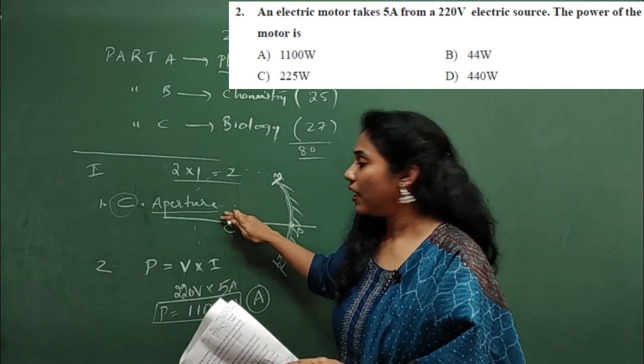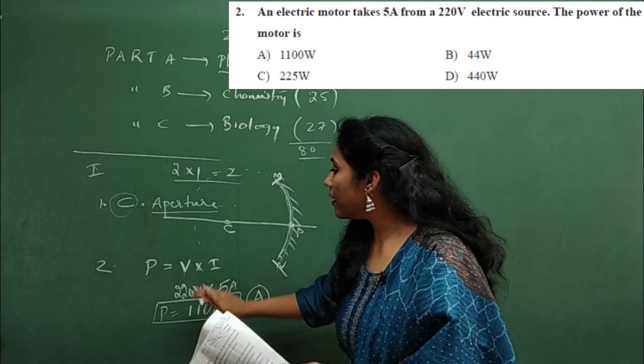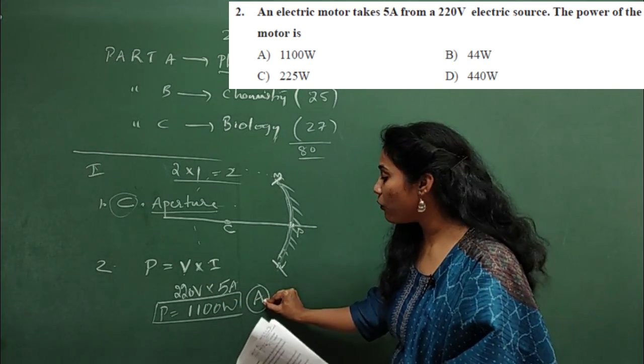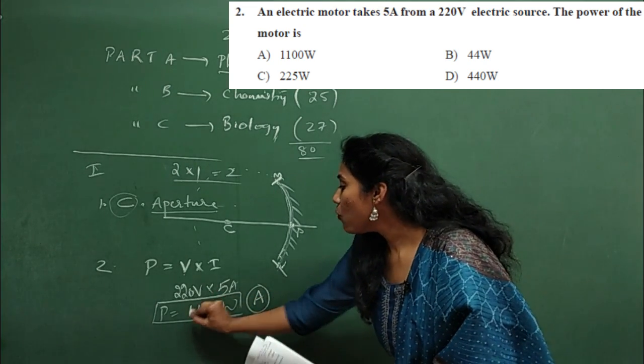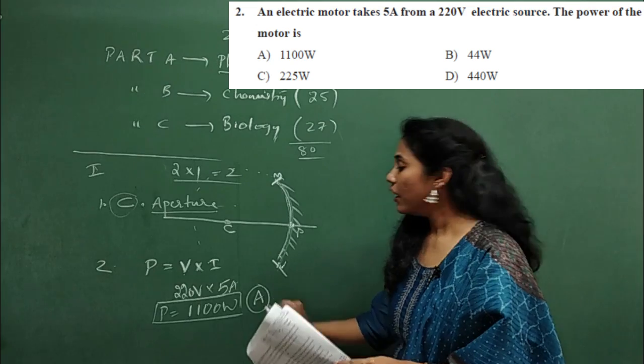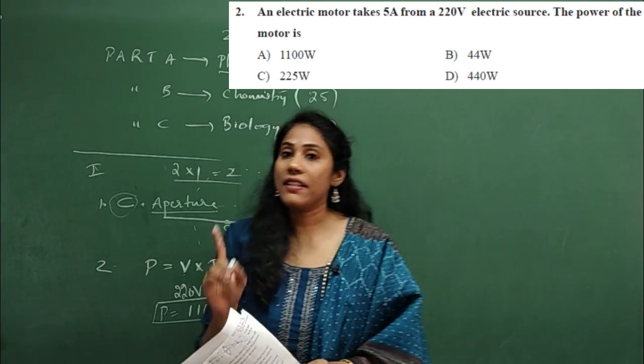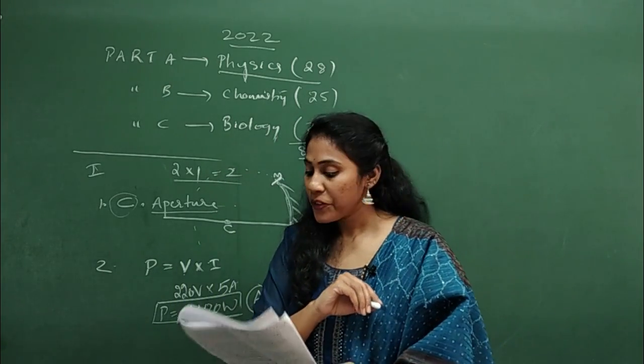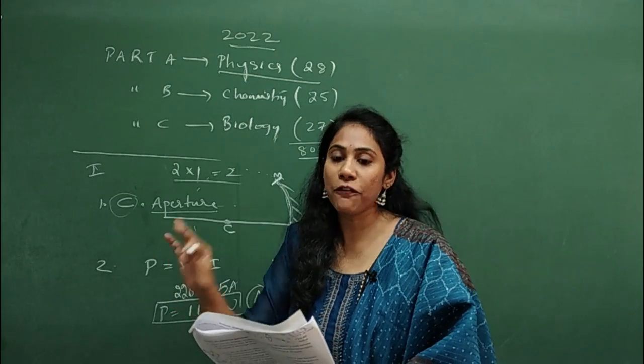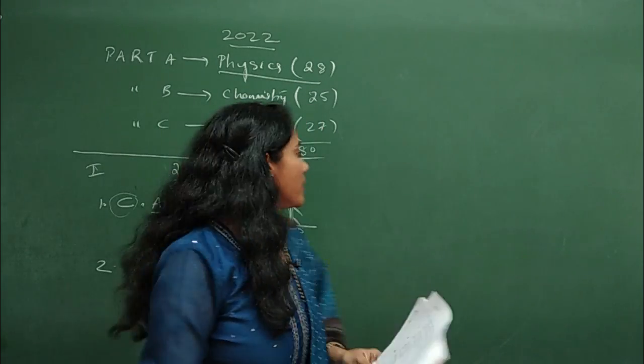It is aperture. Don't just write your answer as A. What is that A? It is 1100 watt. So this is how you have to write answers for multiple choice questions. Okay, so that is all about your first main. Coming to second main.